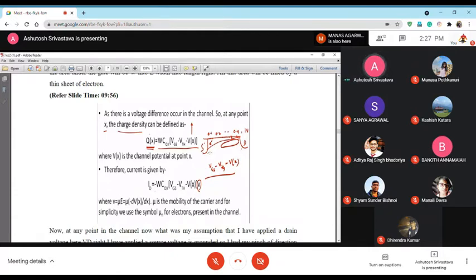So at any point x, the charge density is defined in this form, and the current would be defined in this form, where v is basically your drift velocity, which is mu times E, which is also equal to mu times del V by del X, because E is equal to minus delta Vx by dx.